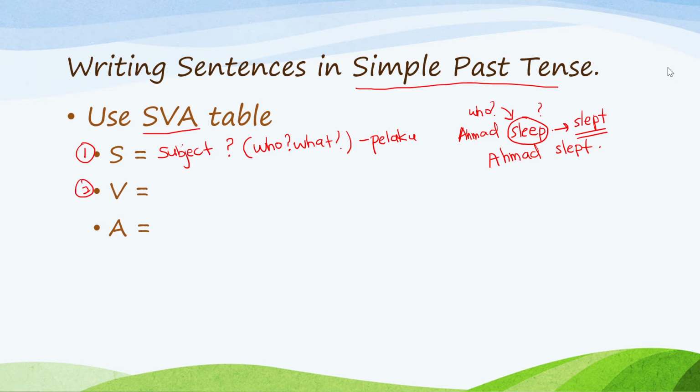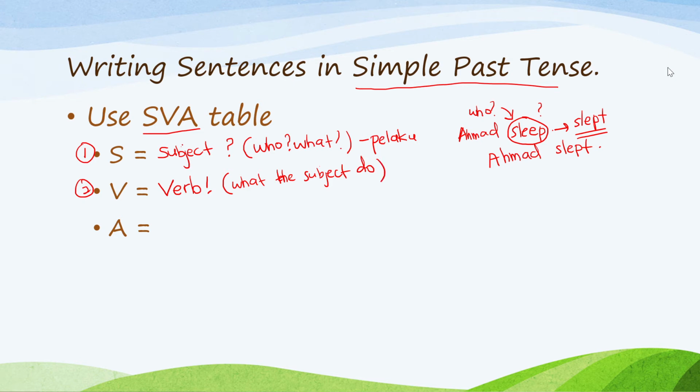What is V? Yes, you are correct. V is verb. Okay? Very good. Now, what is verb? Verb is what the subject do.